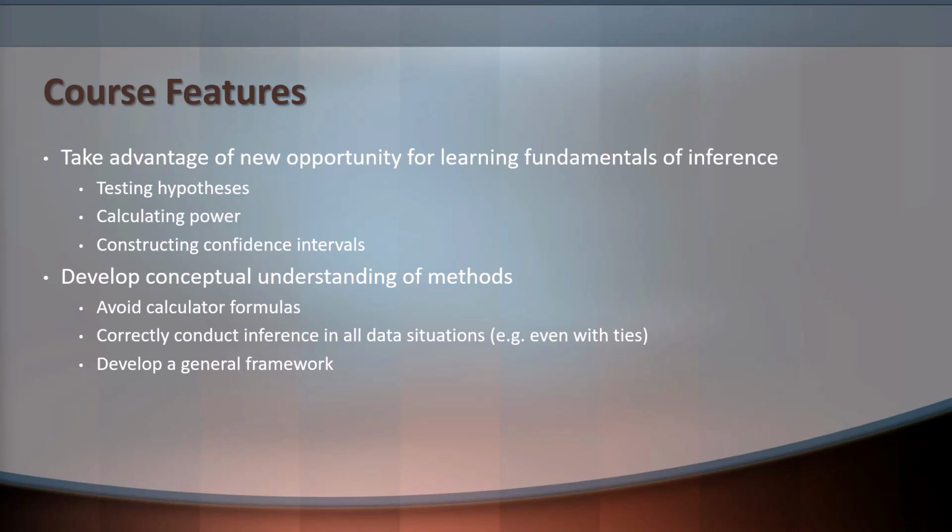I want to help you develop a general framework, not only for all the methods we use in this course, but also a general framework that extends to parametric methods.